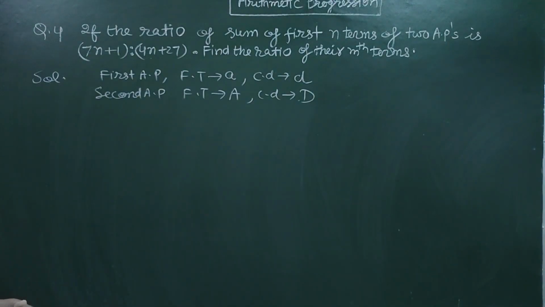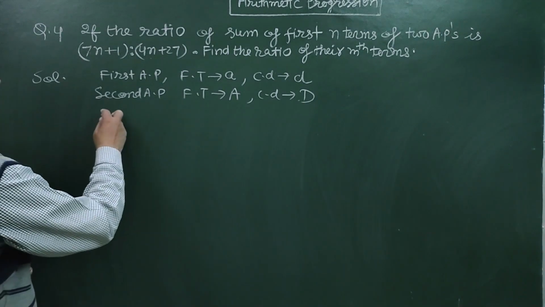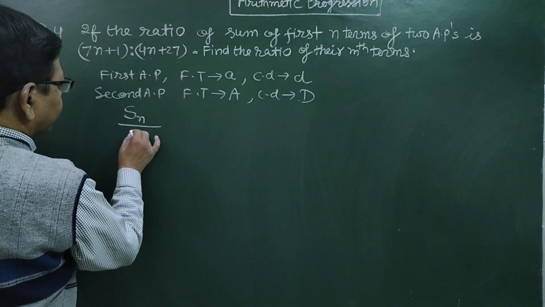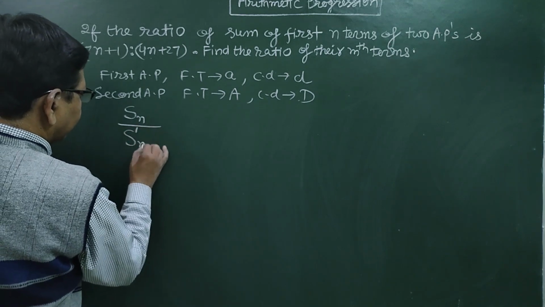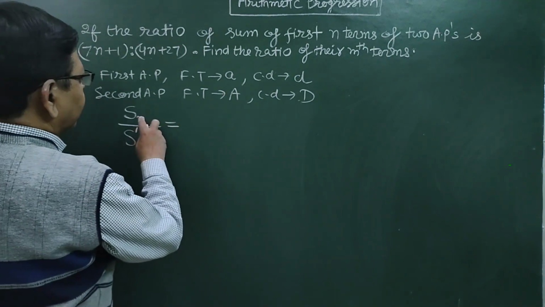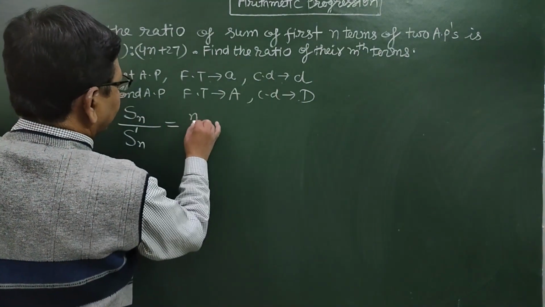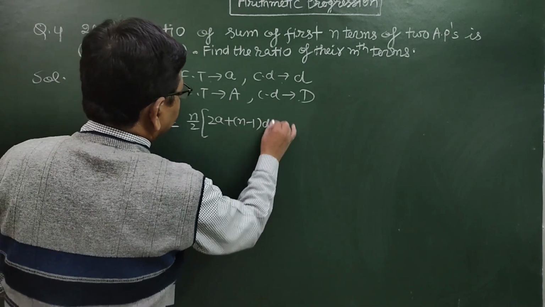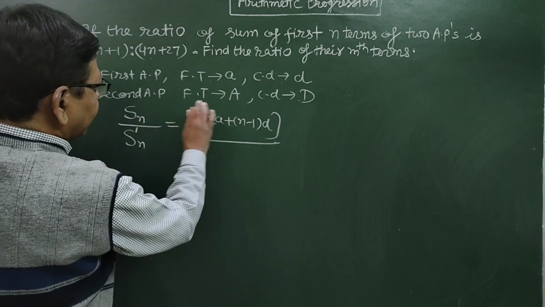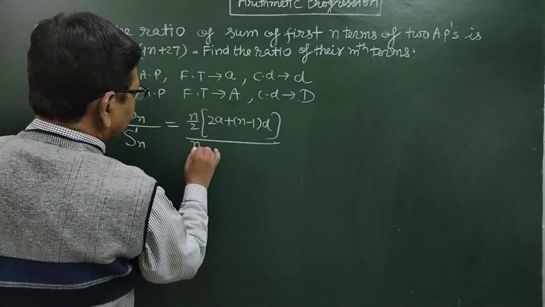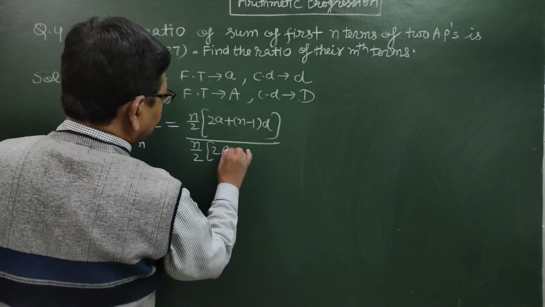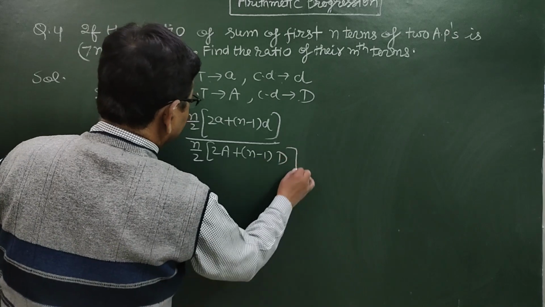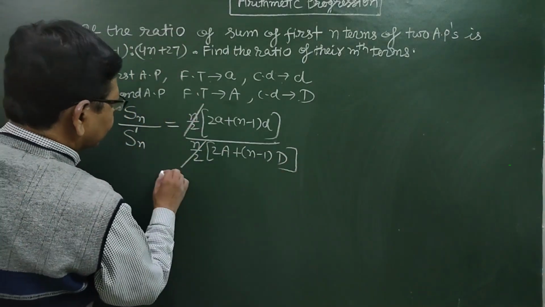Now the ratio of sum of first n terms. Let the sum of first n terms of the first AP be Sn and the sum of n terms of the second AP be S dash n. Sum of first n terms of this AP will be n upon 2 into 2a plus n minus 1 into d, and sum of n terms of the second AP, which is having the first term as capital A, is n upon 2 into 2 capital A plus n minus 1 into capital D. Now n by 2 and n by 2 is cancelled here.